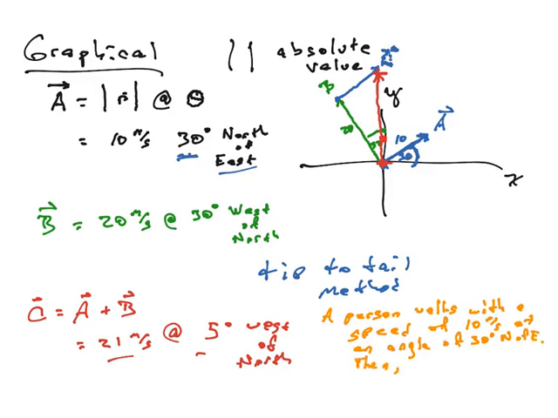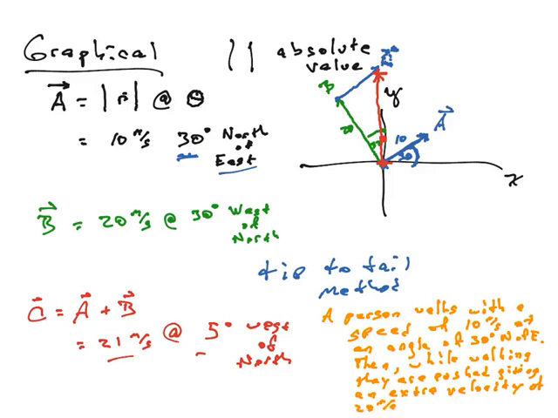Then, while walking, they are pushed, giving an extra velocity of 20 meters per second at 30 degrees west of north. The question is, how fast are they now moving?